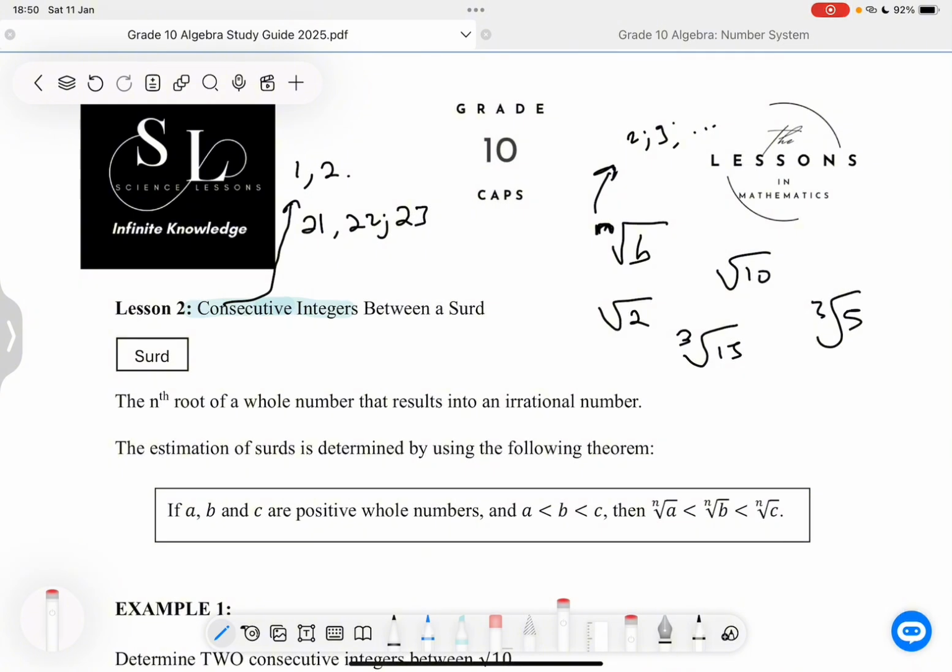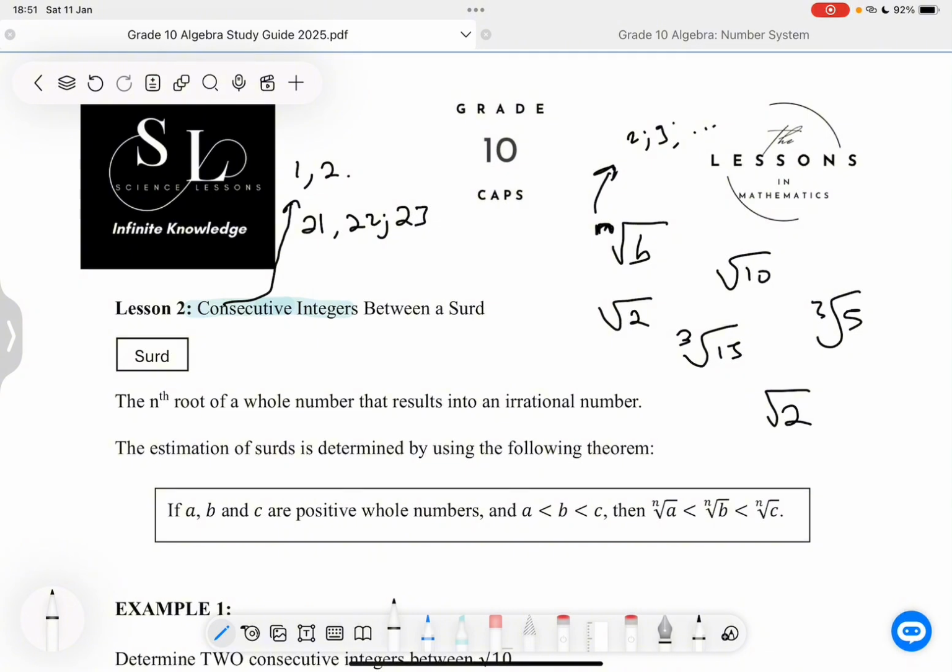Now let's go back to the whole sentence to try to make sense out of it based on all this information that we talked about. If we say that we are looking at consecutive integers between a set, let's say we take the simplest one, like the root of 2 is a set, right?